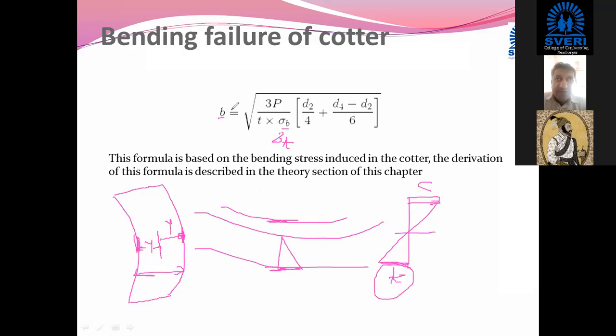So this B is equal to under root 3P divided by T, that is thickness, into sigma B. Here you can use the value of sigma T or sigma C. Into bracket, D2 by 4 plus D4 minus D2 by 6. Okay. These values we have already taken from this concept of bending of beam.